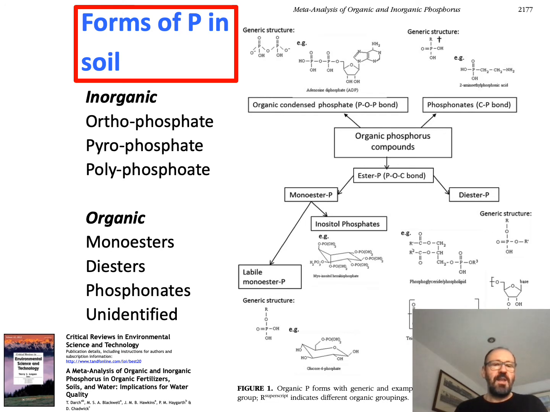And these organic monoesters, diesters, phosphonates, or other types of organic structures tend to accumulate in soil after years of phosphorus application to agriculture. So what you find if you study ecosystems over the long term is that these organic forms start to accumulate and dominate and take over the soil.